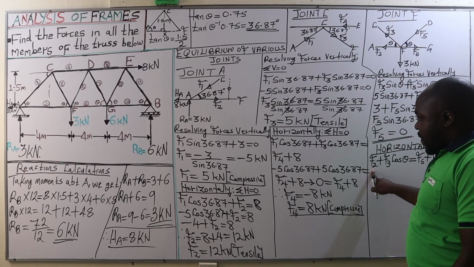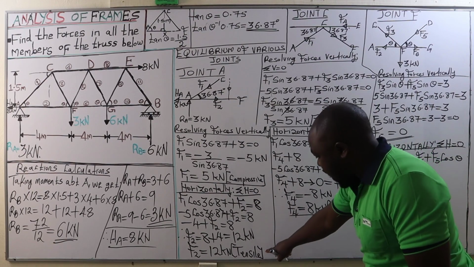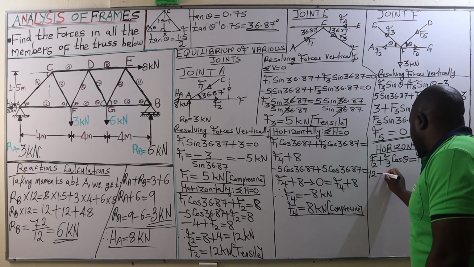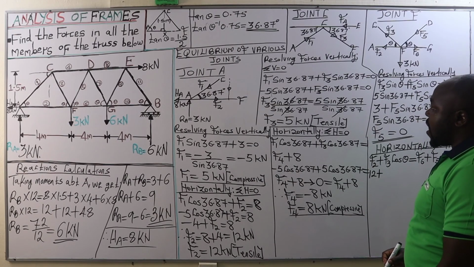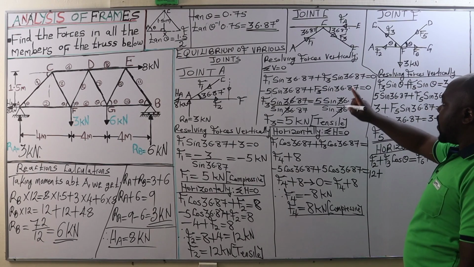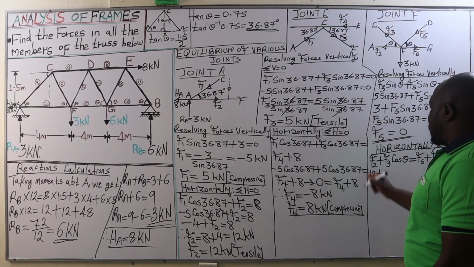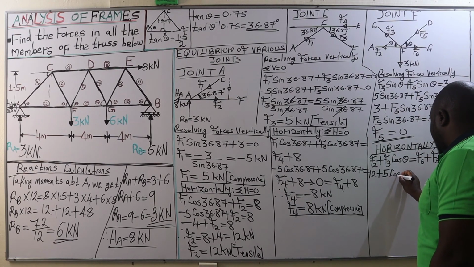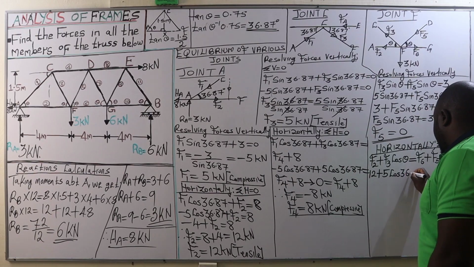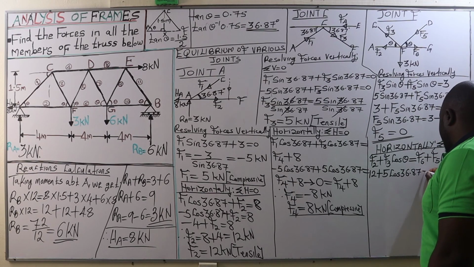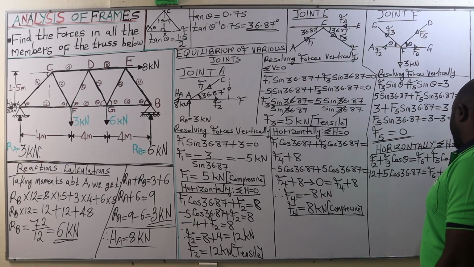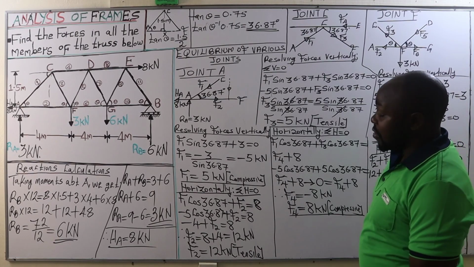Now we have the value of F2, which is a tensile force of 12 kilonewtons, therefore that will be 12 kilonewtons plus F3 is 5 kilonewtons, another tensile force, therefore that will be 5 multiplied by the cosine of 36.87, that is going to be equal to F6 plus F5 cos theta, and F5 is 0, therefore that is equal to 0.